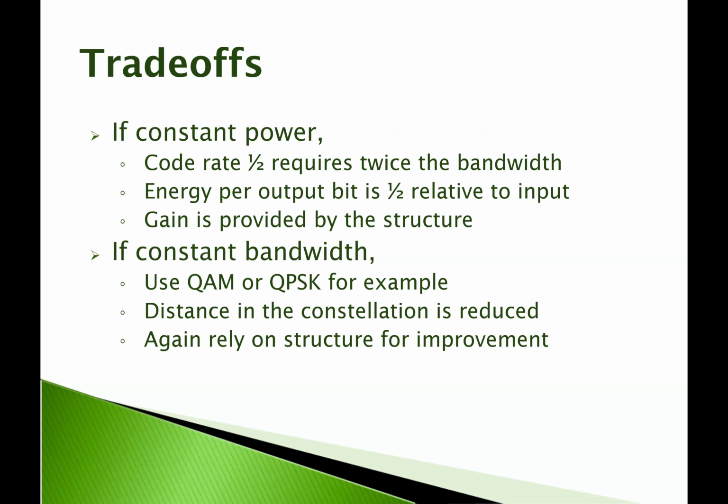And yes, it does, but we have gain that is provided by the structure of this data that helps us be able to detect and correct errors. So if we have a suitable structure in the data, then we overcome the impact of sending these redundant bits, right?